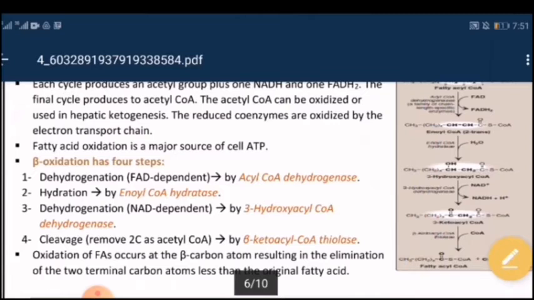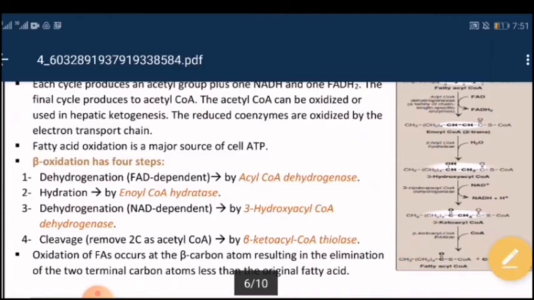Then addition of water to carbon number 3 and carbon number 2 occurs, and this occurs with the help of enoyl-CoA hydratase. The third step includes another oxidation or dehydrogenation by 3-hydroxyacyl-CoA dehydrogenase.